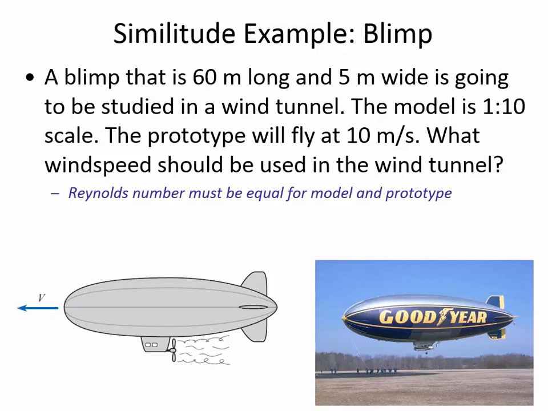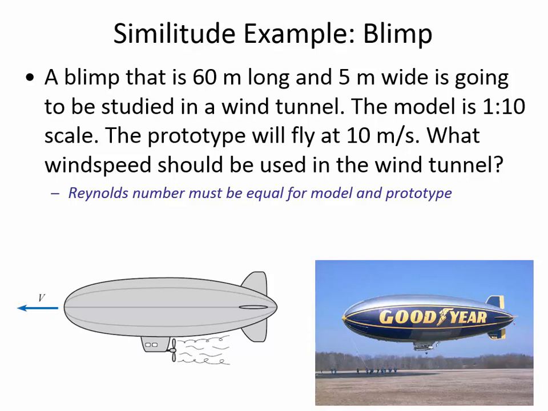We have some of the things that are going to be the same, though. If we're using air for the model and prototype, then the density of the model fluid and the density of the prototype fluid are equal. And also the viscosity of the model fluid is equal to the viscosity of the prototype fluid.